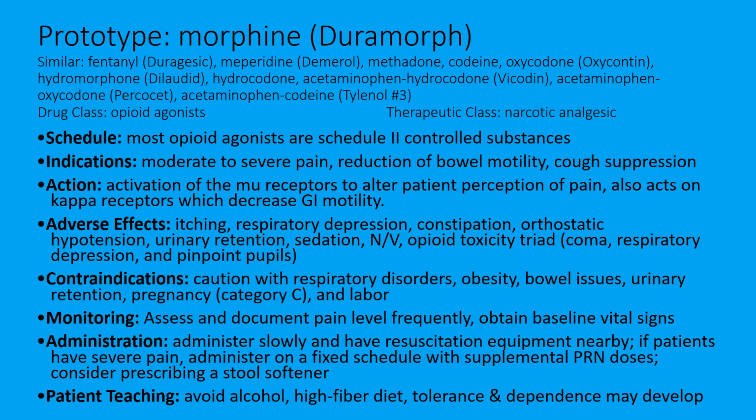Remember that opioids give you pinpoint pupils, okay? And so when someone comes in with an opioid overdose, not only are they not awake any longer, they're in a coma, and they're breathing very slowly, but they typically have pinpoint pupils when we look at their pupils, okay?